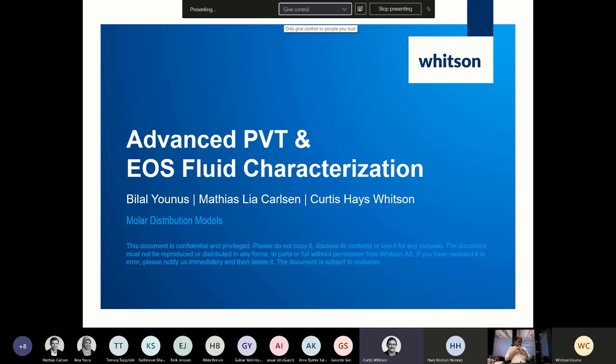Let's just use the default software characterization that will fill in the TC, PC, and acentric factor based on the specific gravity, molecular weight, single carbon number relationship. By default, PVTX would find that curve that we looked at yesterday that gave an exact fit of the measured C7 plus gravity and molecular weight.